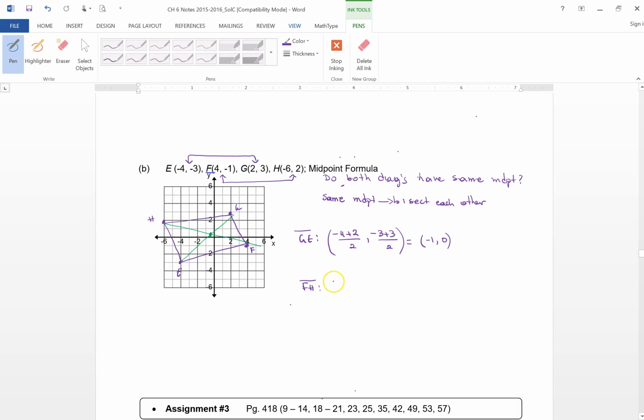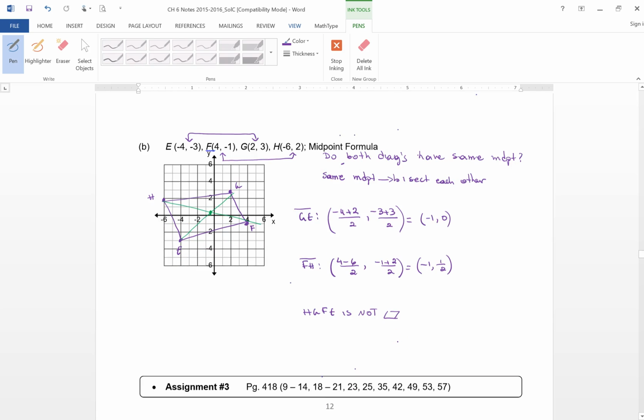And we have 4 minus 6 over 2, negative 1 plus 2 over 2. This is negative 1 comma 1/2. They don't have the same midpoint, so HGFE is not a parallelogram.